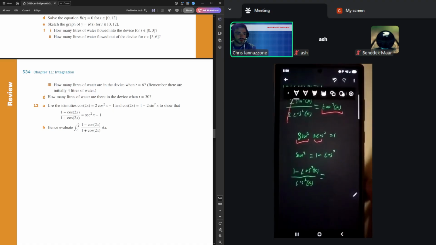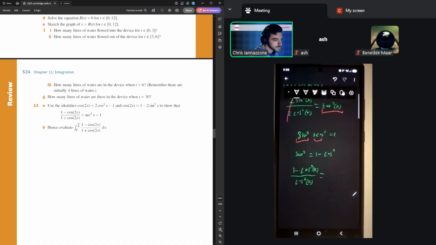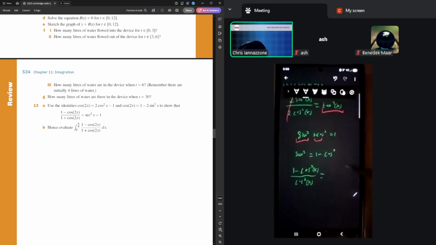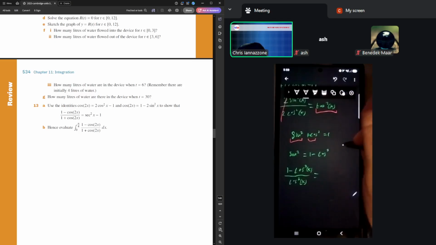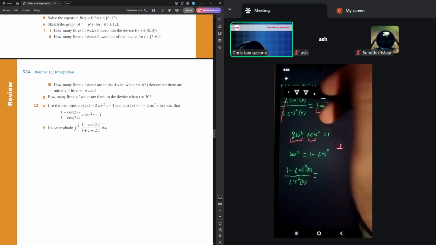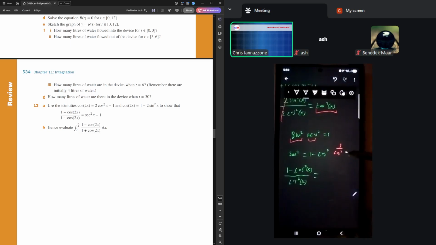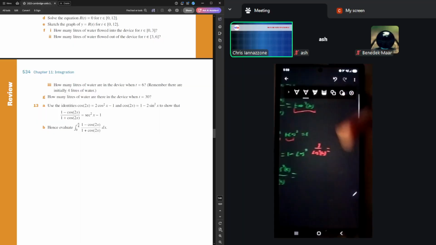Where might we take things from here to make it look more like the final answer that we need? With a reminder that 1 on cos squared gives us sec squared.